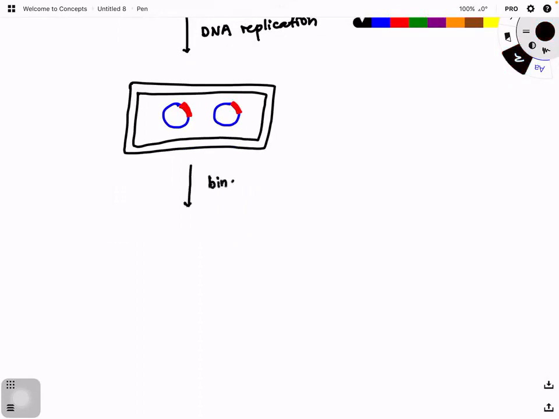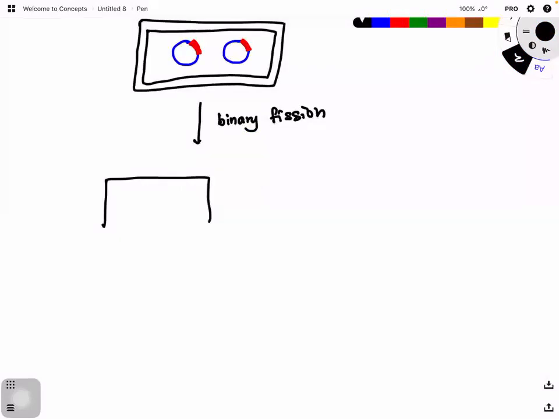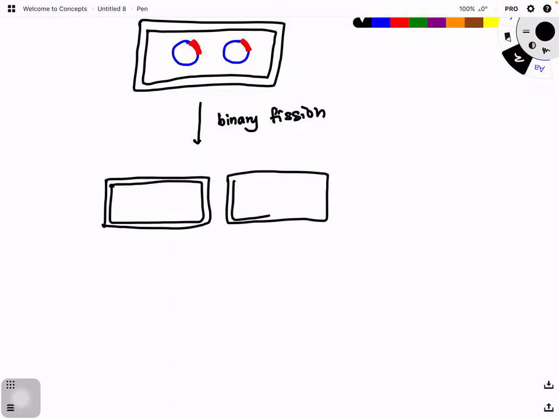Asexual reproduction takes place. When binary fission takes place, you can see that from one bacterium, you get two bacteria. And they are going to distribute this plasmid equally to two cells. Can you see that?